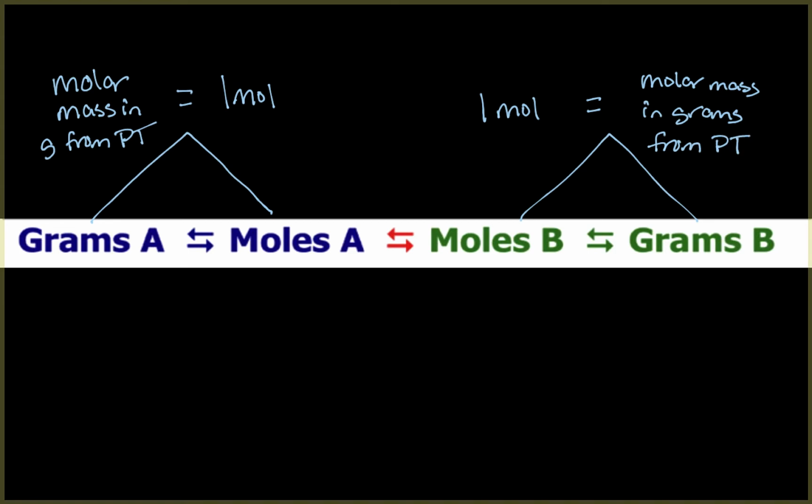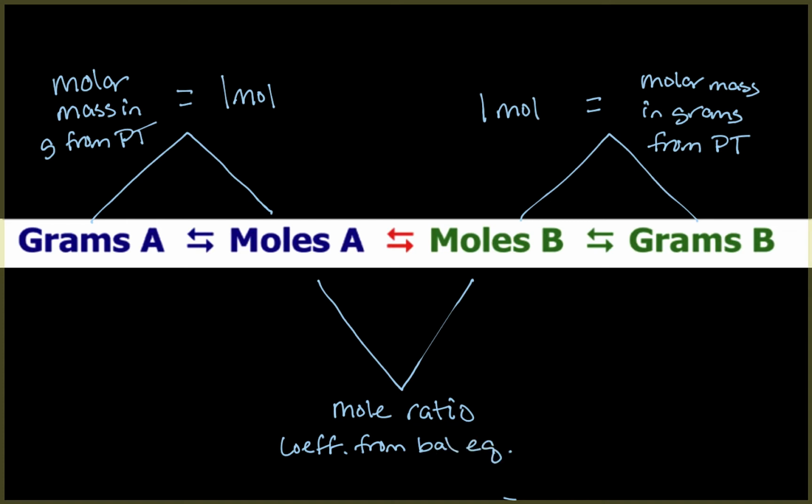The other conversion we'll need is a new one. This is when we're going from moles of one substance to moles of another substance. This comes from the mole ratio, which comes from the coefficients from the balanced equation.